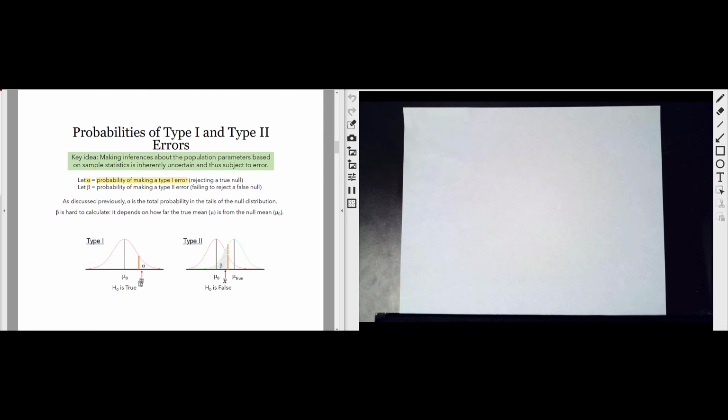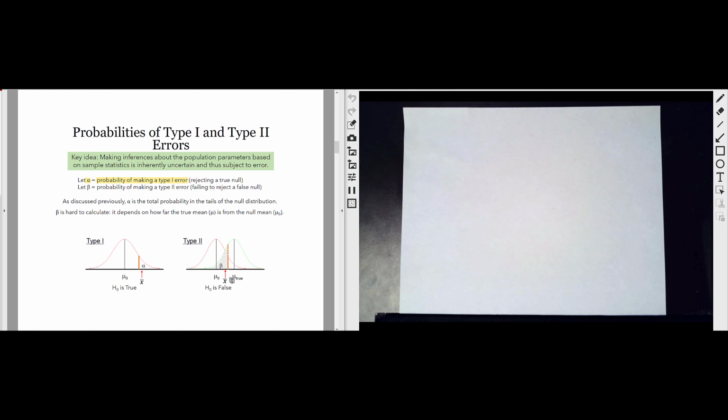If we draw a sample and the mean of the sample is in that critical region, then if the null hypothesis is true, we will have committed a type 1 error. And in fact, we know that the probability that we will commit a type 1 error in the case where the null hypothesis is true is this significance level that we select in advance.